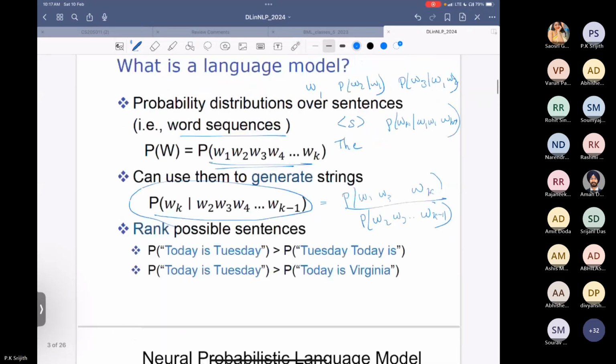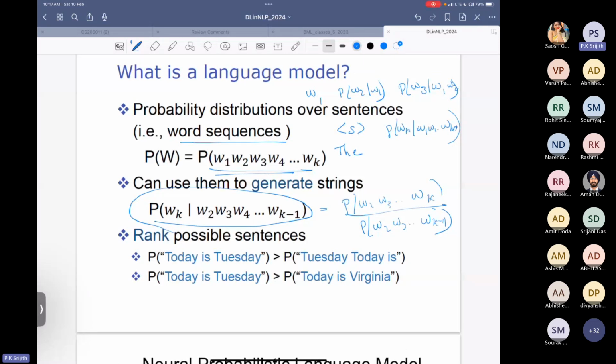And now the question is, how do I learn this probability distribution? Given some corpus, which is a collection of documents, I can learn this probability distribution over sequences of words.